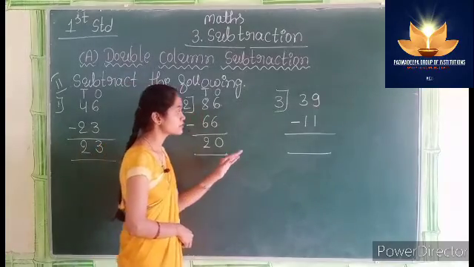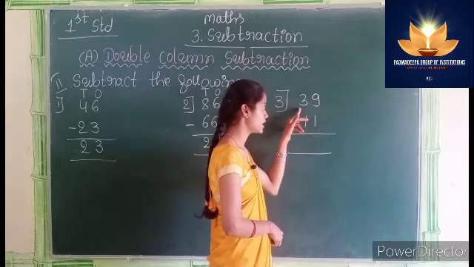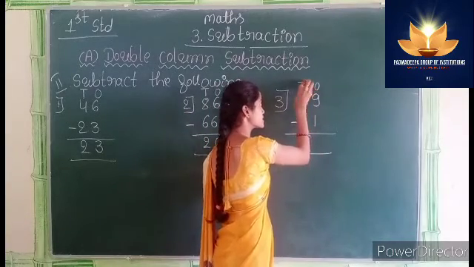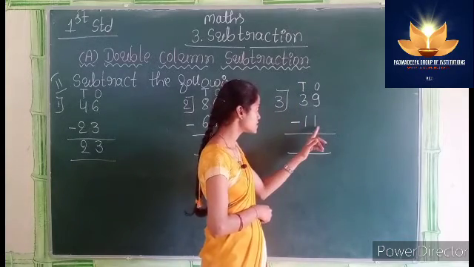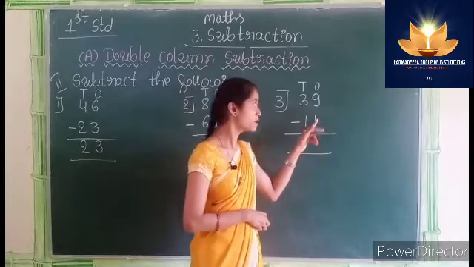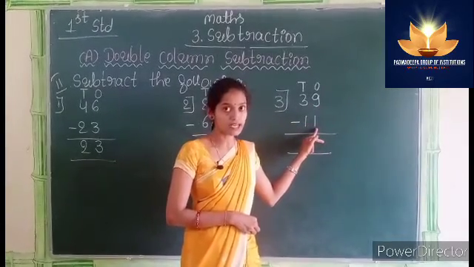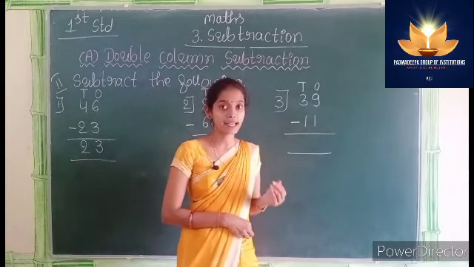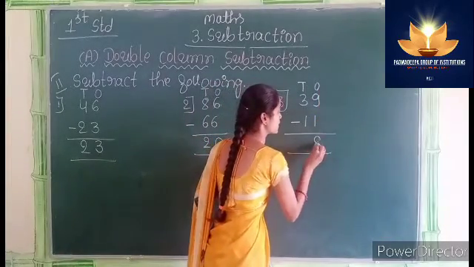Then here we have to subtract 11 from this 39. This is ones place, this is tens place. We have to subtract first ones place numbers, 9 minus 1. 9 minus 1, that is 8 and that 8 should be written below this ones place.